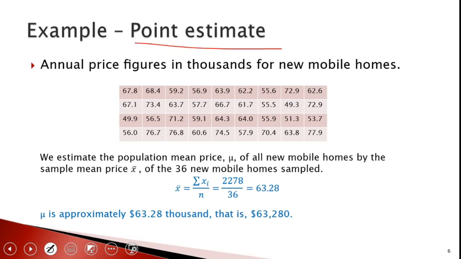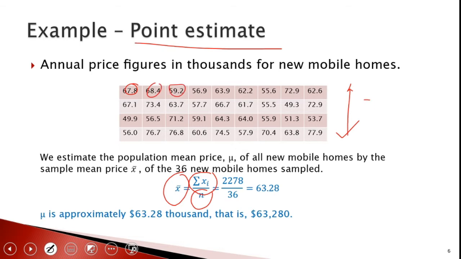Here you have, I think 36. Yeah, you have 36 observations here in this table, and I need to calculate the mean. Okay, I can calculate the sample mean, which is x bar. How do we calculate it? Summation of these values divided by the number of instances or number of data you have.